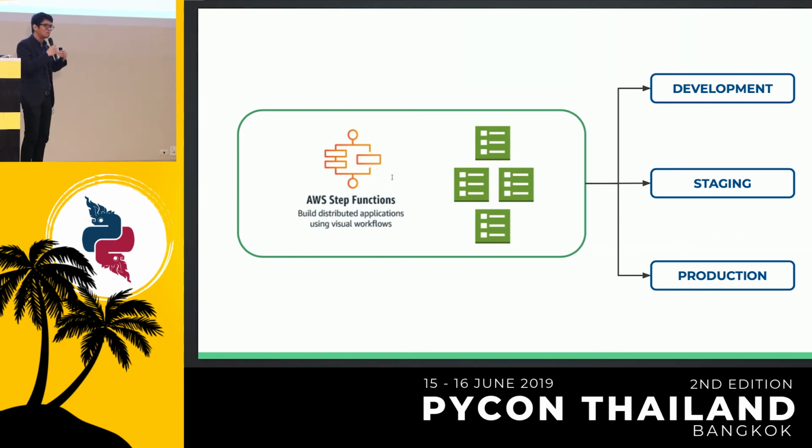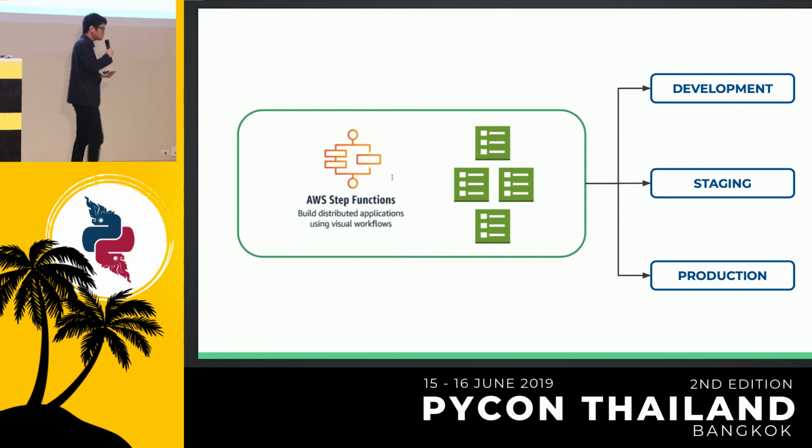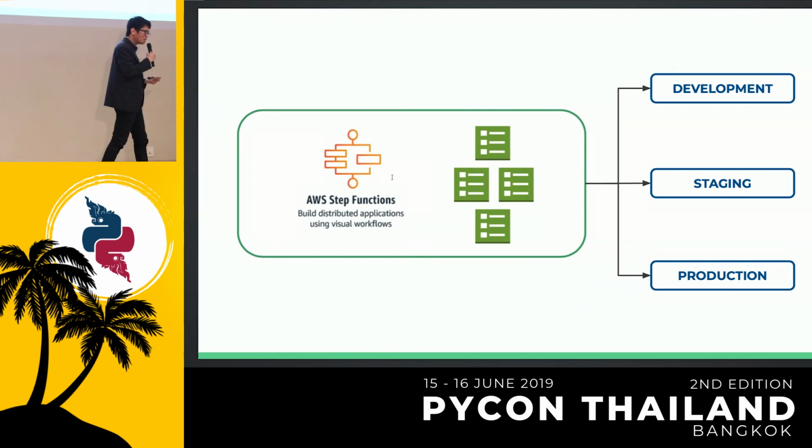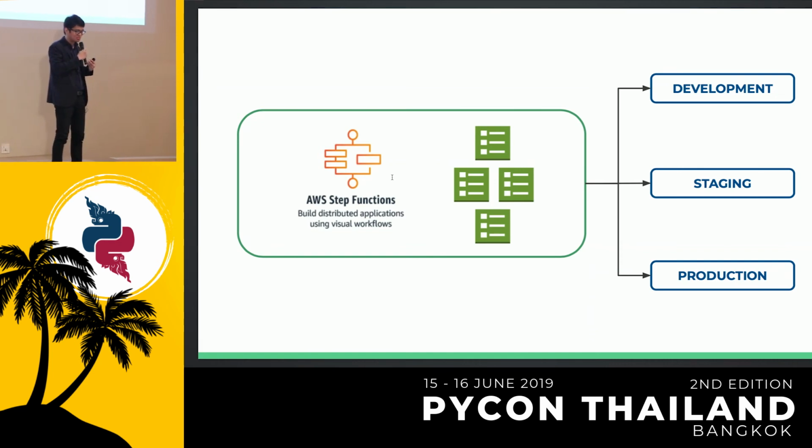If you try to build your own tool and then you resign, how will the other developers use that tool? It's better to use a tool that a lot of people are using, so that documentation is good and the problems of other customers have already been processed. So in my example, I'm going to use step functions and CloudFormation in order to manage my development, staging, and production resources.